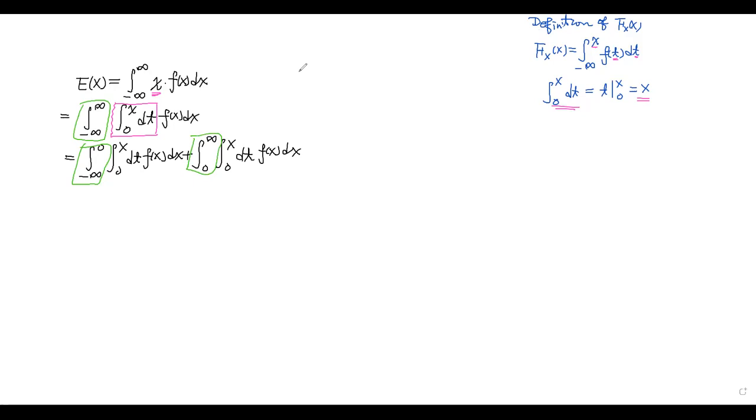Next, I'm going to use one very important calculus technique: switch the order of integration variables.